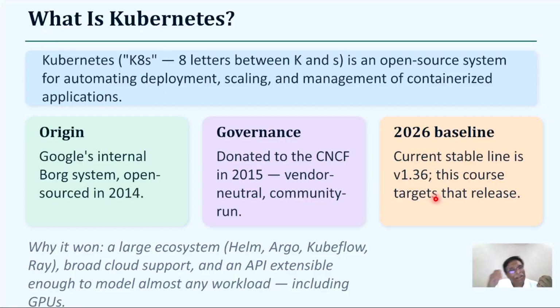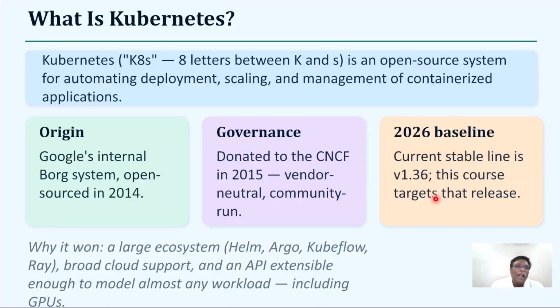And why was Kubernetes very, very successful? We had a very good ecosystem: Helm, Argo, Kubeflow, Ray. All of these were either doing something which Kubernetes wanted to do, or gradually they started supporting this type of orchestration.